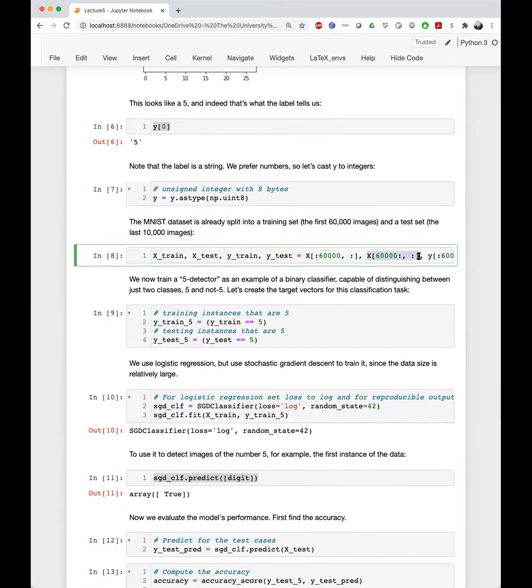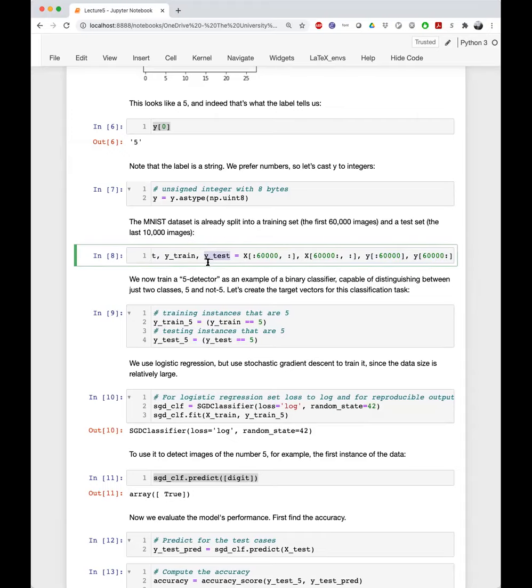After the first 60,000 images, the rest will be used as test. Same thing for the labels. For training data, the first 60,000 numbers of y will be used as training data, and the remaining ones will be used as test data.